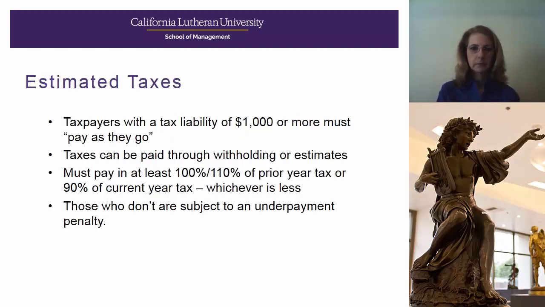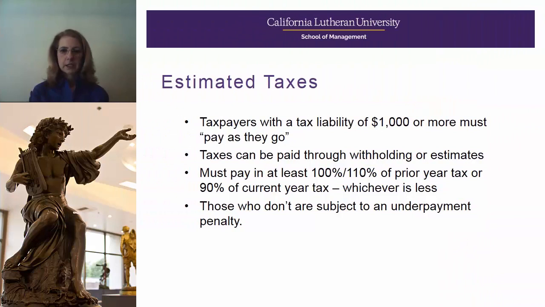Estimated tax payments. If taxpayers do not make certain minimum tax payments during the year, they could be subject to an underpayment penalty. So what is that minimum amount? Well, first of all, it's for taxpayers with a tax liability of more than $1,000. If you have a tax liability of more than $1,000, you must pay as you go. Taxes can be paid either through withholding from wages or through estimated tax payments, checks written to the government.